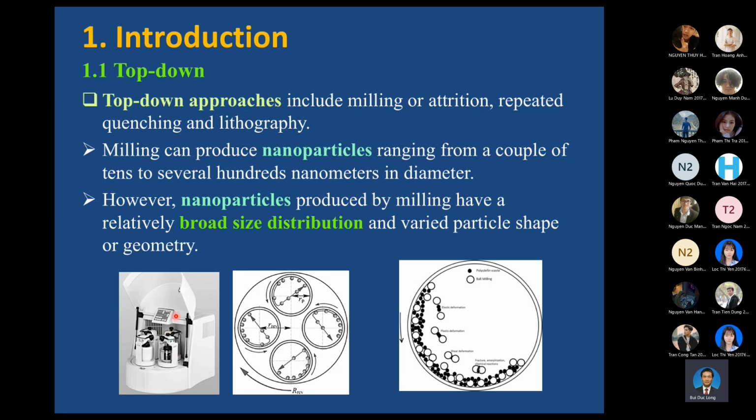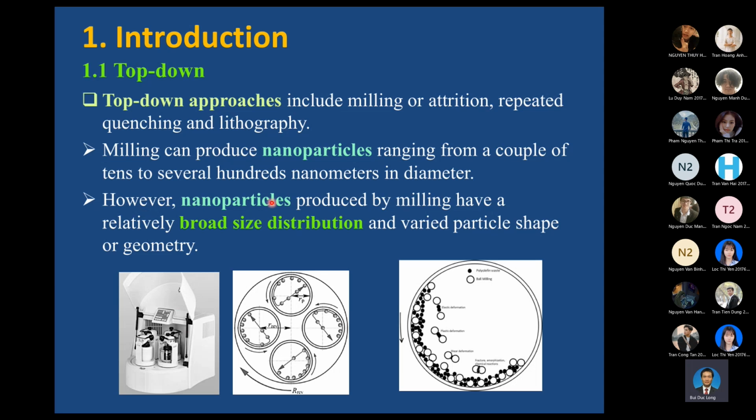However, this method is very simple, so many researchers and scientists still want to use this apparatus to produce nanoparticles, and it also has many different advantages. I will show you when we go to the apparatus or equipment.